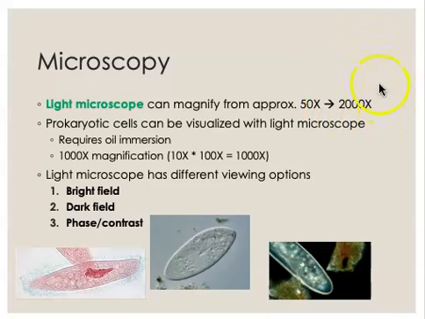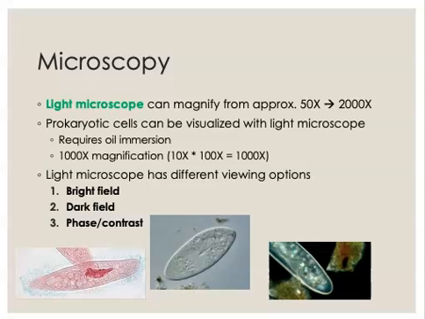That's the current limit of magnification for a light microscope. A light microscope uses visible light in order to make that object on the slide visible to our eyes. It also uses a range of lenses, objective lenses, that help magnify the object.